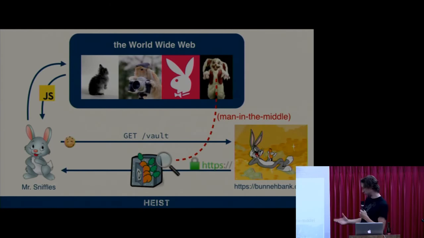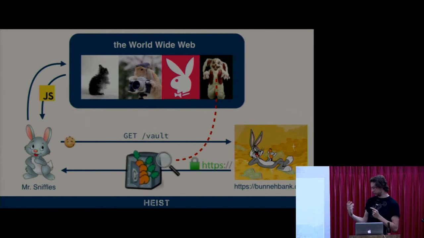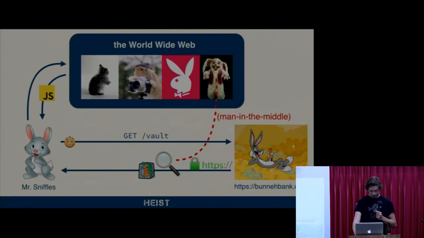So it's actually not possible for the bad guy to look at the contents of the vault, but because SSL or TLS has no padding that tries to hide the length of the resource, what the bad guy can do is look at whether the vault is large or whether it's small. So you can look at the size of the vault.